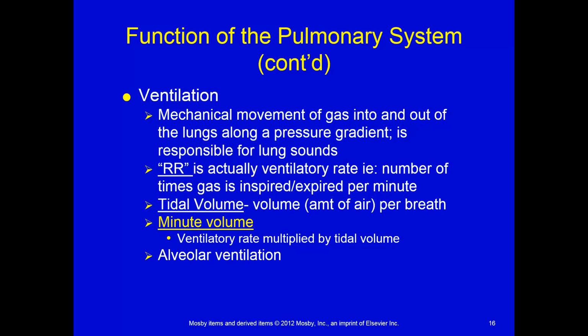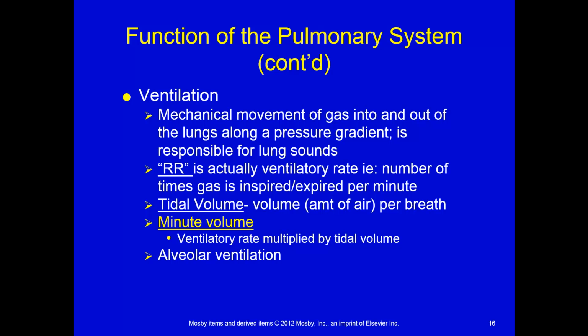Also, another thing that you can really find out from an ABG is the partial pressure of carbon dioxide. And during ventilation, we know, right, that during proper ventilation, not only are we supposed to be getting oxygen in, we're also supposed to be getting carbon dioxide out, right? So during ventilation, CO2 is supposed to be eliminated to maintain a normal arterial CO2 amount, but also a normal pH, right?